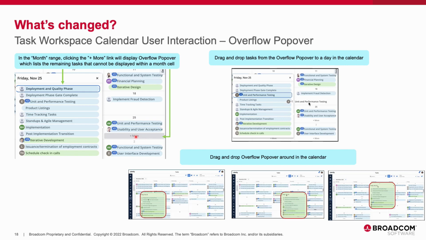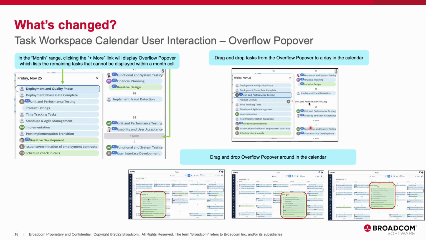It displays a more link here, and once you click on it, here's the overflow popover, which displays the remaining cards that we couldn't display within a particular cell in the calendar. The nice thing about this is that once you have the overflow popover displayed, you can drag items within the overflow popover into any cell within the calendar.